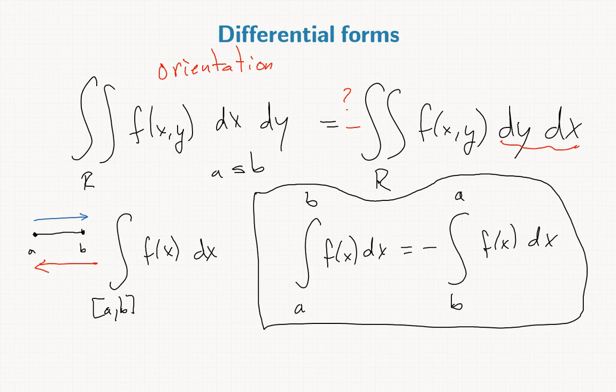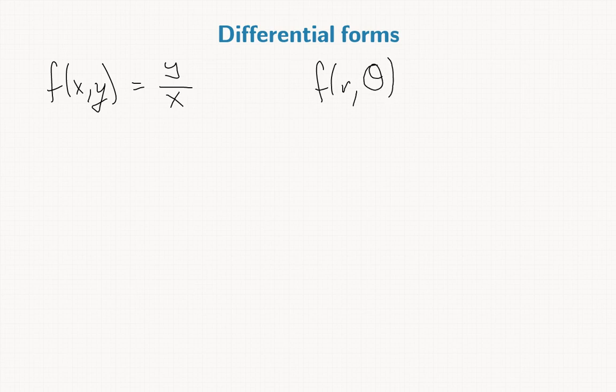All right, now how about that example? Let's take f of x, y equal to y over x. So in polar coordinates, f of r, theta is equal to tan theta.